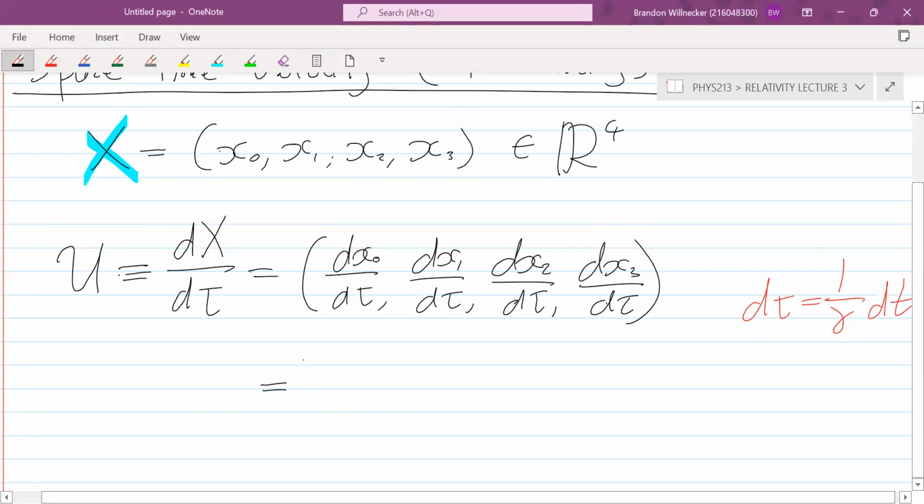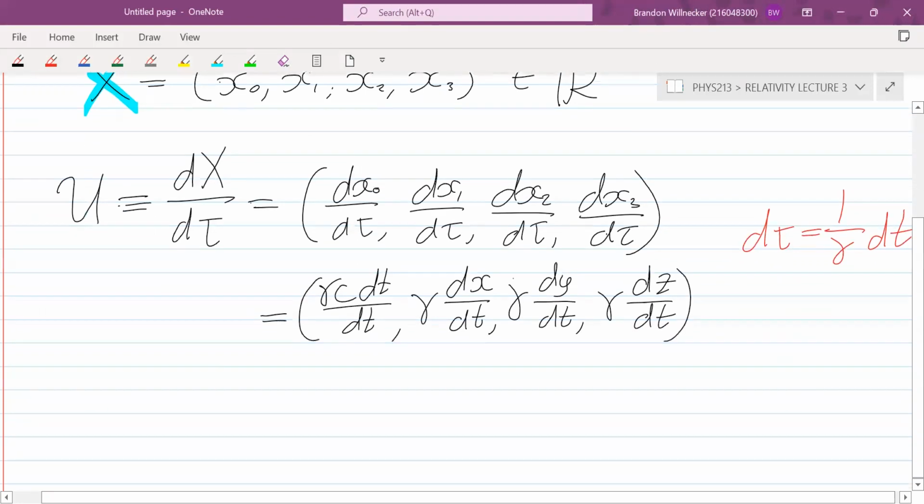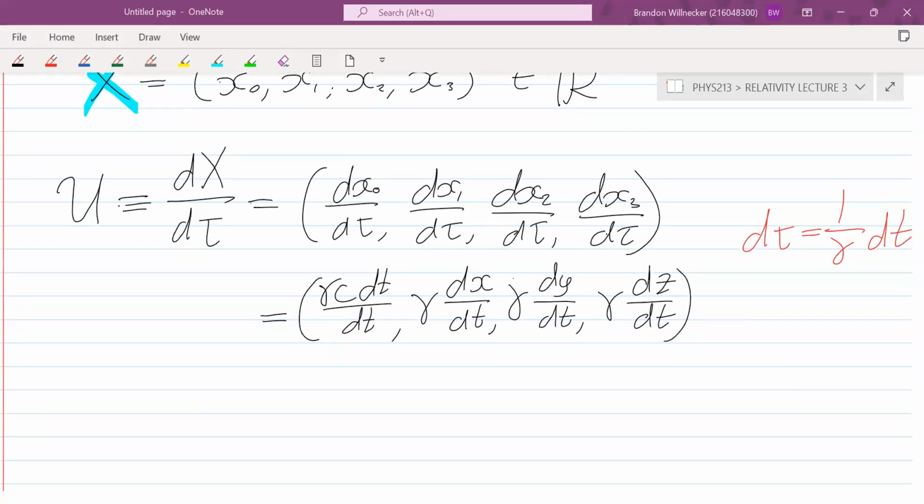We're going to end up with gamma c dt by dt. Then we're going to have gamma dx by dt, gamma dy by dt, and gamma dz by dt. Okay, that's just going from proper time to coordinate time.